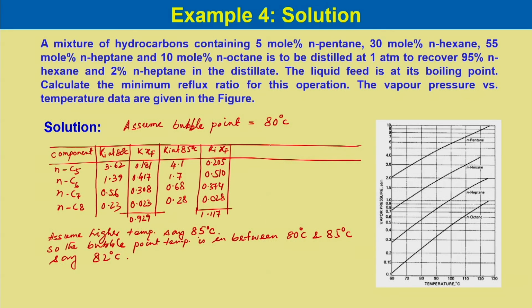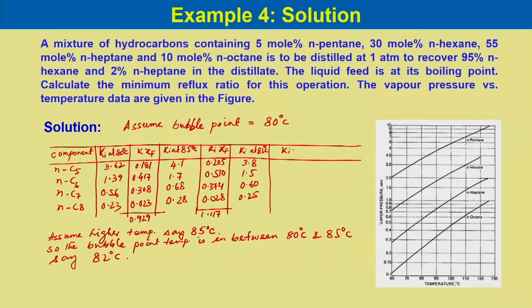Now, let us calculate Ki at 82 degree centigrade. K values for NC5 is 3.8, for NC6 is 1.5, for NC7 is 0.60 and for NC8 it is 0.25.